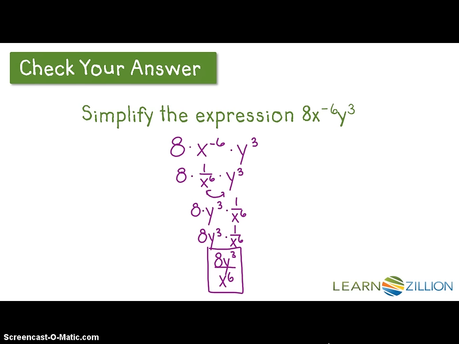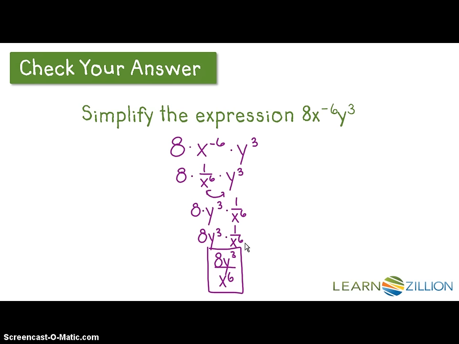And so when I bring it down, notice I have arrows there because I'm going to use the commutative property to switch the two factors at the end. So I want to put the y cubed with the 8 and then that fraction over there by itself. So here I have 8 times y cubed becomes 8y cubed, and then that gets multiplied by 1 divided by x to the 6th power.